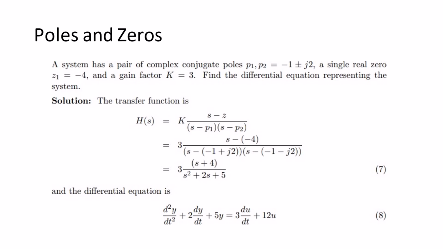If Y(s) is the output and U(s) is the input, then Y(s) by U(s) equals this. If you cross multiply, you will get d2y/dt square plus 2 dy/dt plus 5y equal to 3 du/dt plus 12 u. This is the differential equation of the system.